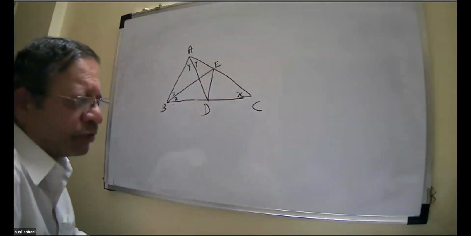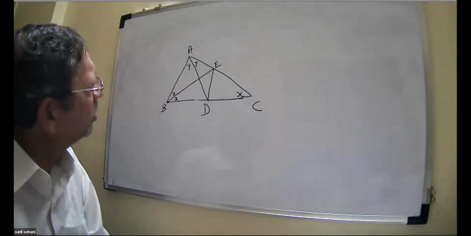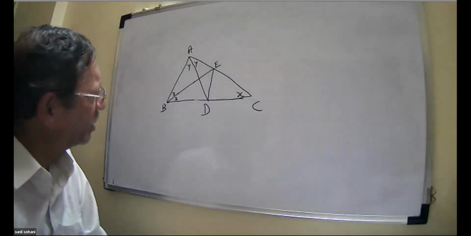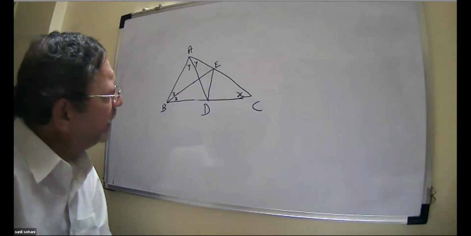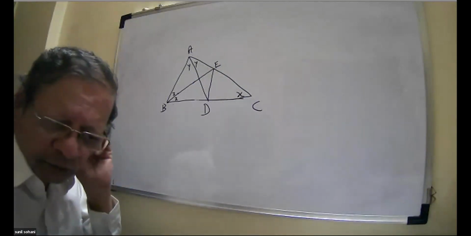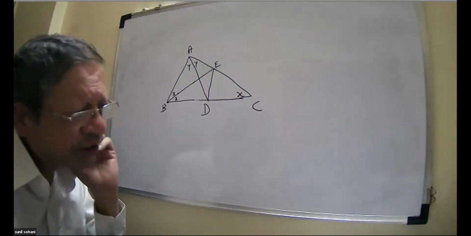So these two parts were construction. They were not given in the question that you should draw the angle bisector for B, then you should join ED. That is by practice only you will understand. That is why this question is very tough.